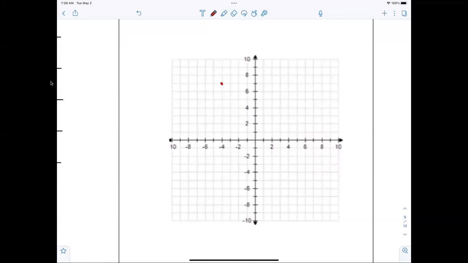So 1 times -6 means you're going to the right 1 and down 6. That's what you're trying to show me. And if I wanted to go to the right 2, normally I'd be going up 4, but this time I'm going down.